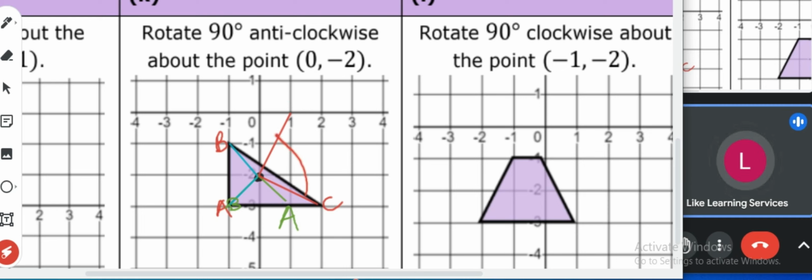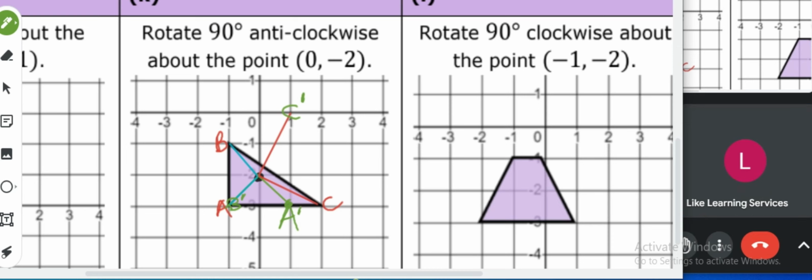I agree with you. Same length, of course, same length as this to this, same length as that to that. Okay, so I can see this is your B prime, this is your A prime, and this is your C prime.